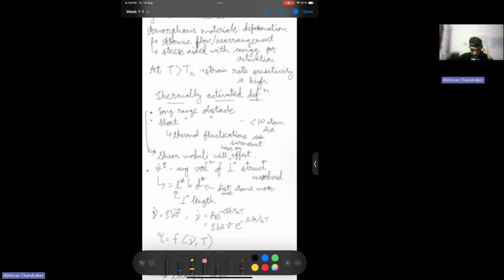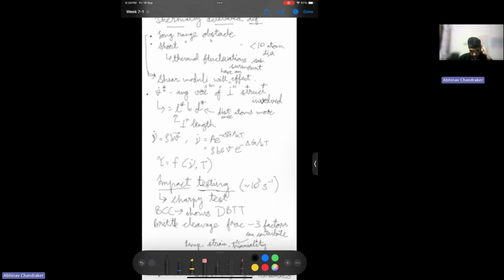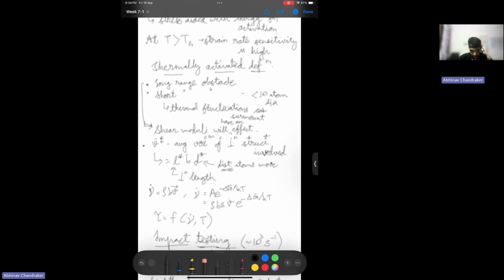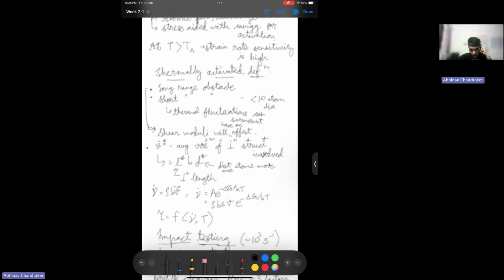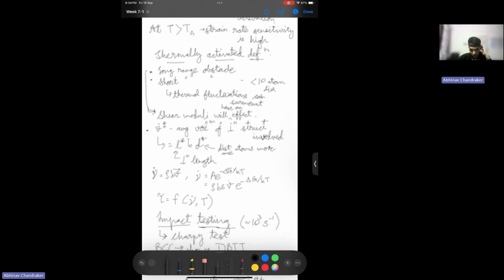Next, let's look at some mechanisms of deformation. One important one is thermally activated deformation. Thermally activated deformation is relevant for short range obstacles where local thermal fluctuation can lead to local displacement of your atoms, which can help in surmounting obstacles, maybe help dislocations to move away from obstacles and continue gliding, for example in dislocation climb.